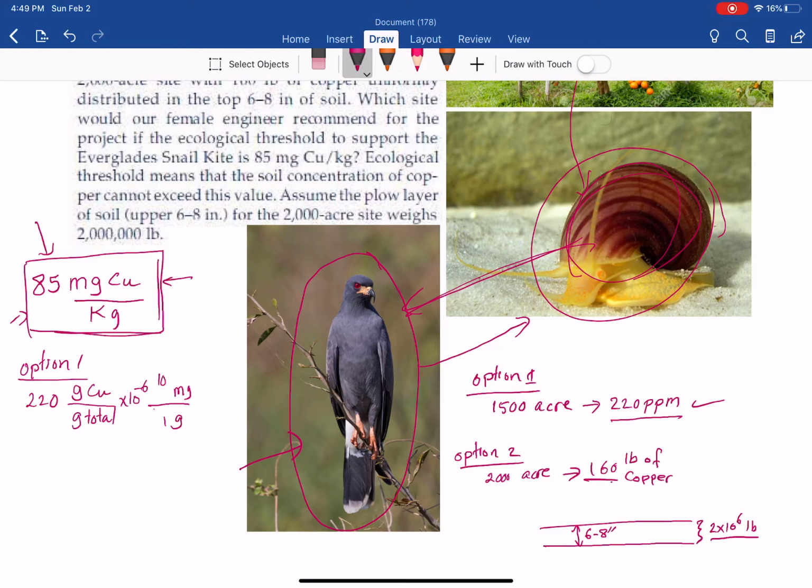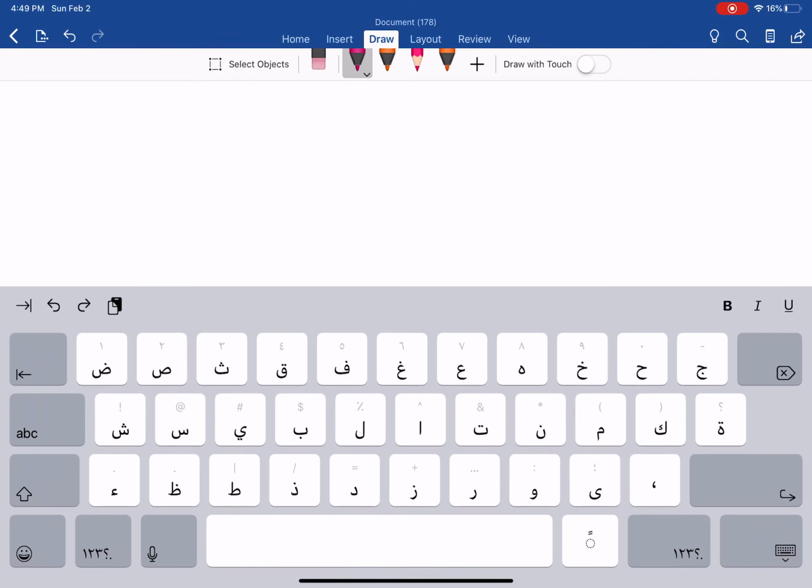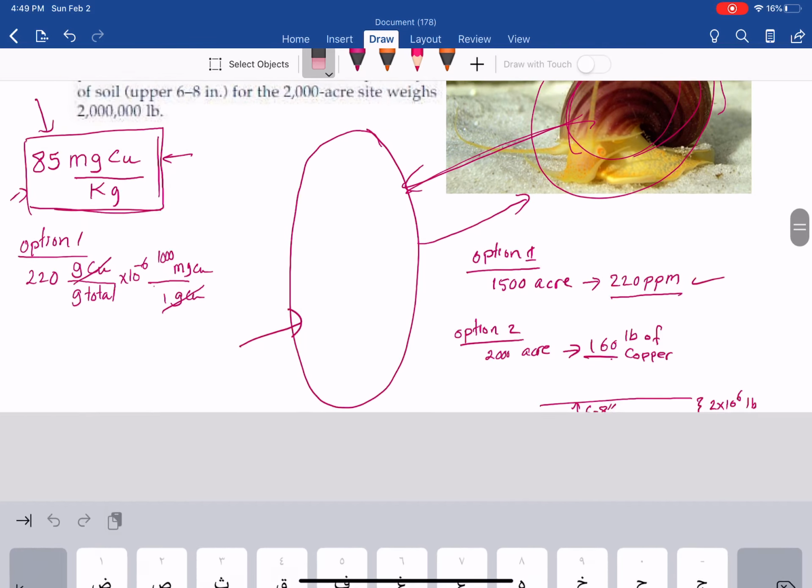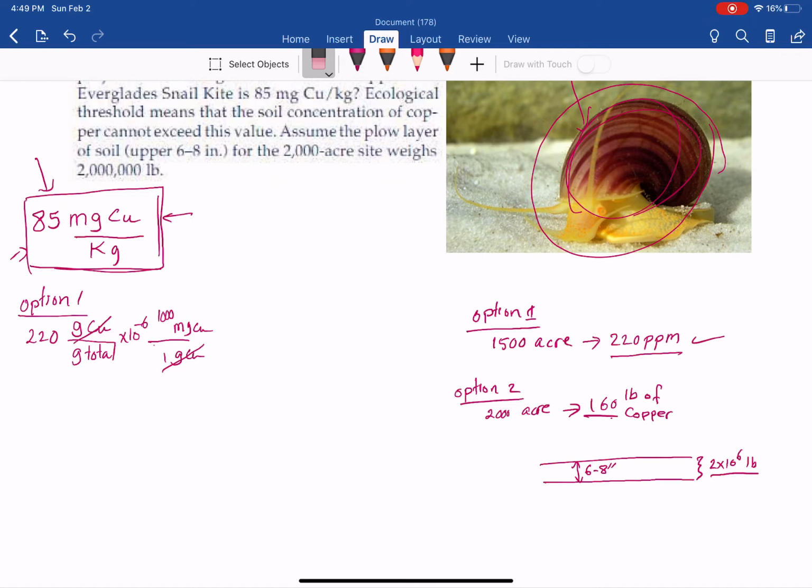1 gram is 1,000 milligrams, so gram cancels with gram. Now we have gram soil over kilogram soil, and 1 kilogram is 1,000 grams. You can see that the 1,000 and 1,000 and the 10 to the minus 6 are all gone.